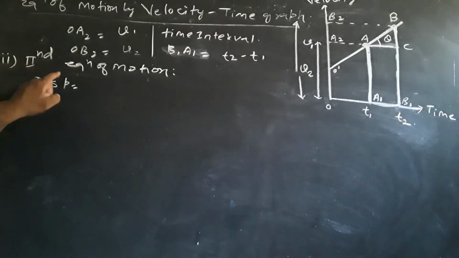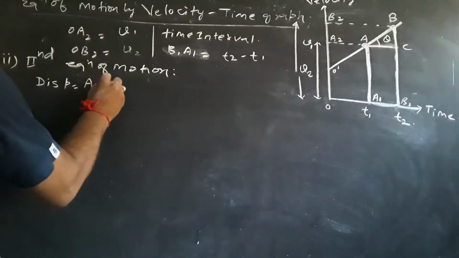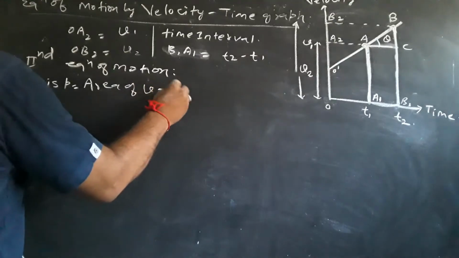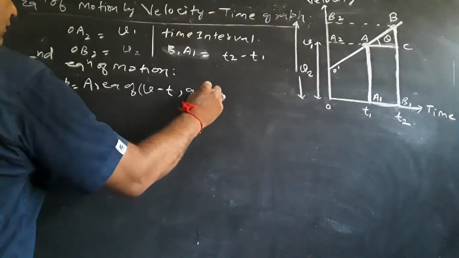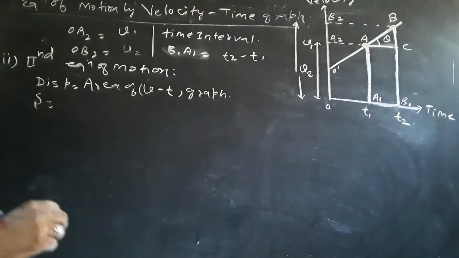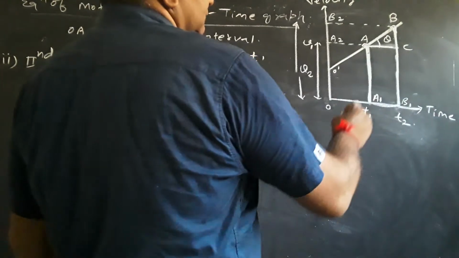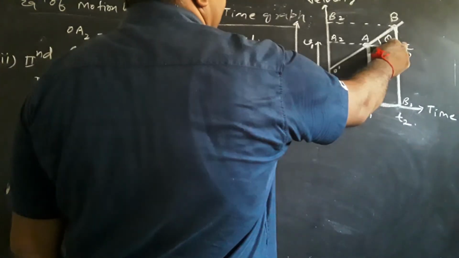For the second equation of motion, we know displacement is equal to the area of the velocity time graph. So we can say here, this is a triangle, this is a rectangle.